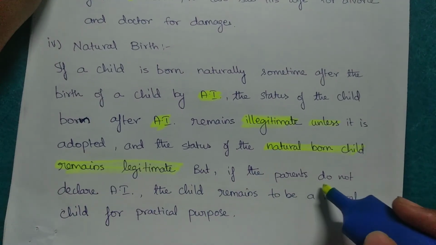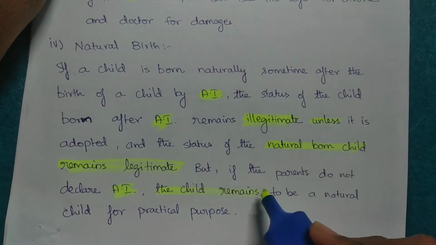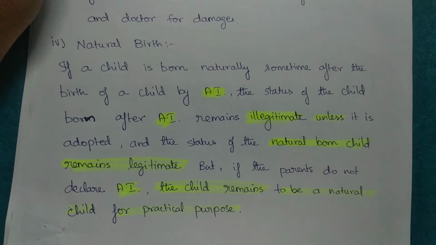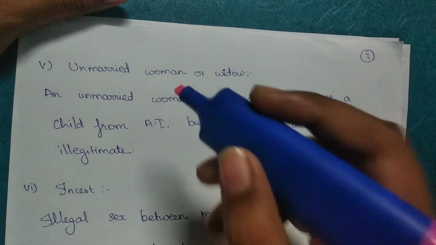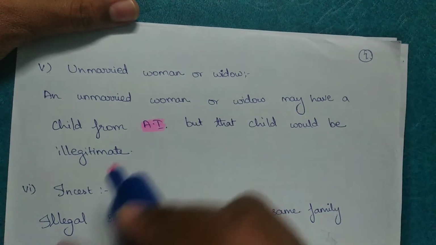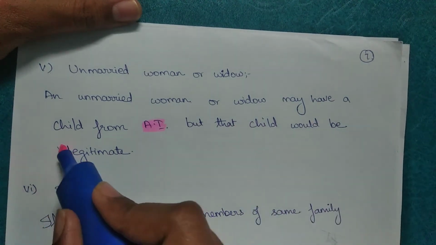But if the parents do not declare the artificial insemination, the child remains a natural child for practical purposes. Then coming to the next legal problem, an unmarried woman or widow may have a child from artificial insemination, but that child would be illegitimate.